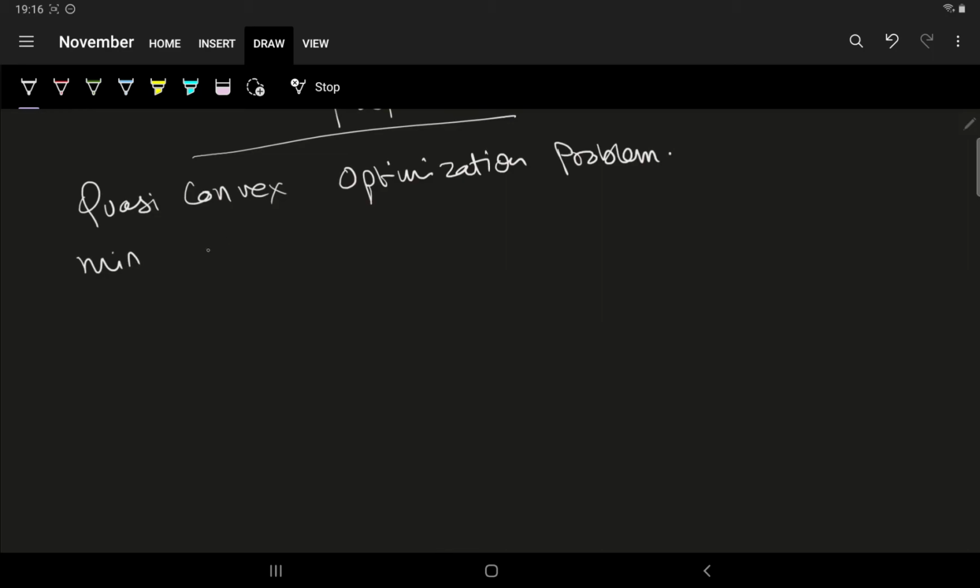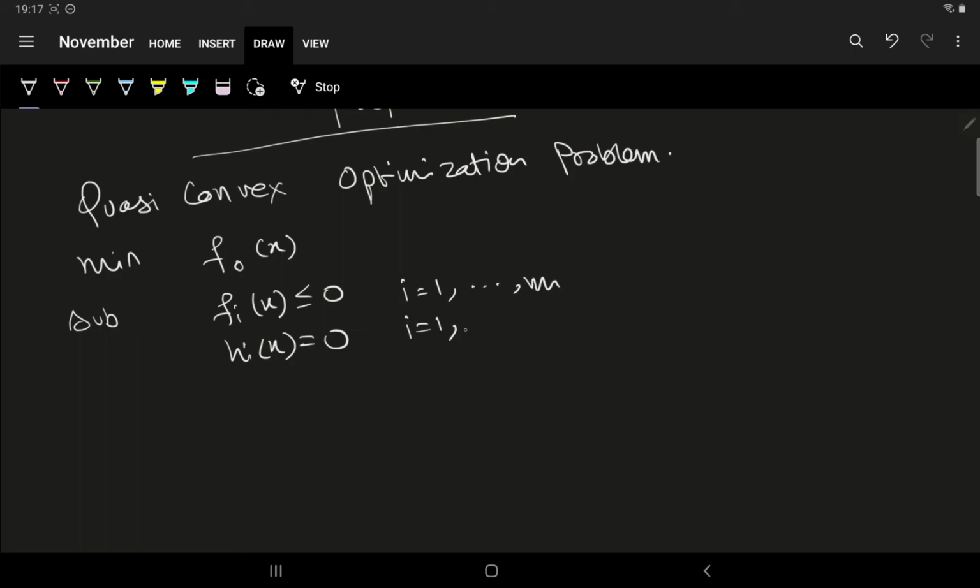Here we have to minimize f naught of x subject to the inequality constraints and equality constraints, and here the inequality constraints are convex and the equalities are fine, but the objective function is quasi-convex.